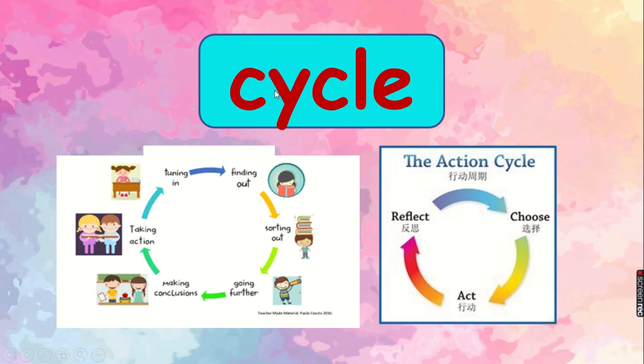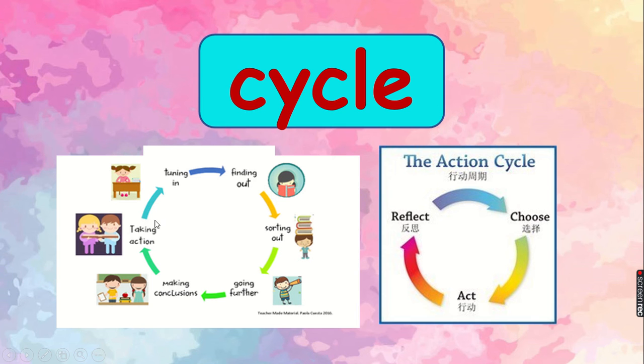Cycle. So these are the cycles. The example pictures here are the cycles we use in IB PYP. What's this cycle? You're right. This is our inquiry cycle, the tuning in stage, the finding out.